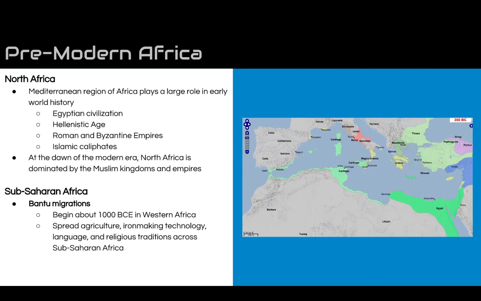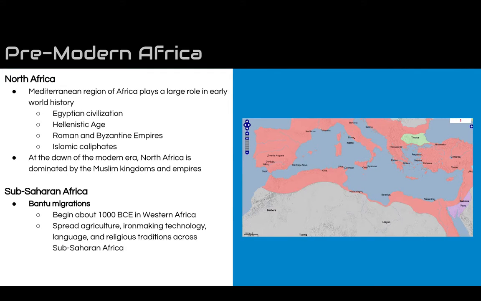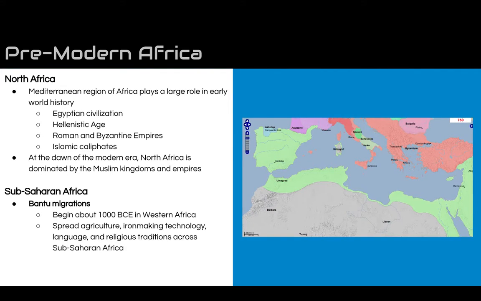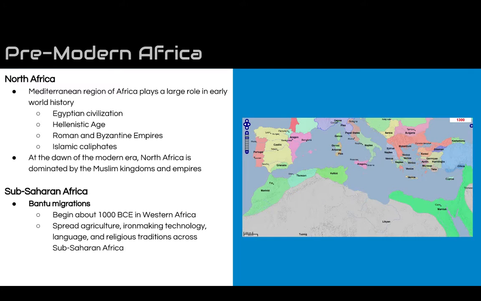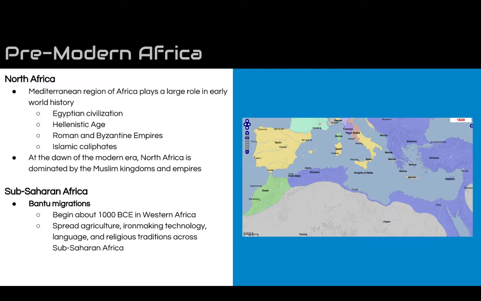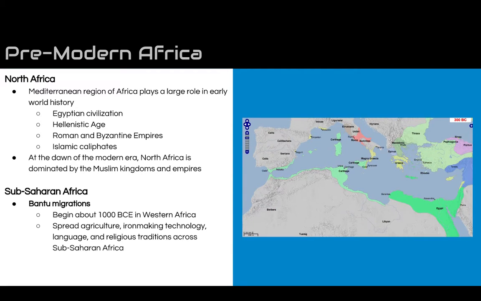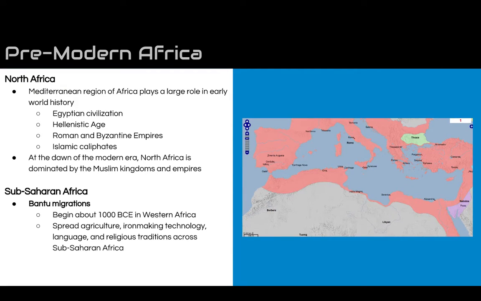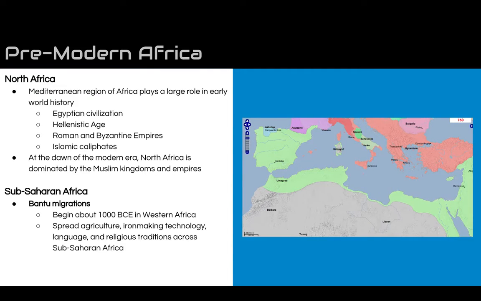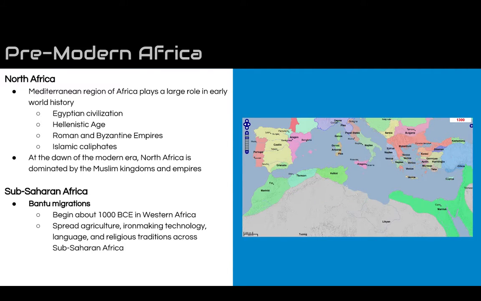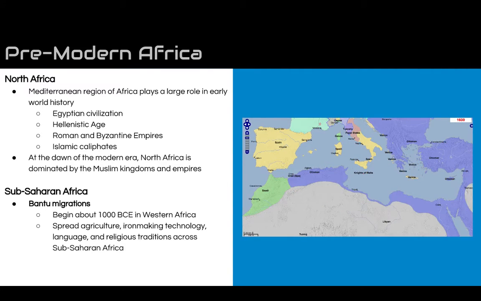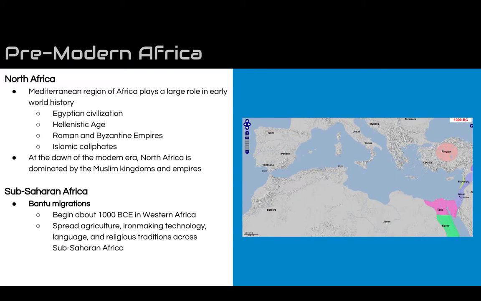Its importance continues through the Roman and Byzantine empires, and then of course during the rise of Islam and the spread of the Islamic caliphates. At the dawn of the modern era, North Africa is going to be dominated by Muslim kingdoms, although not those original Umayyad and Abbasid caliphates, and then later empires. The Ottoman Empire will have control basically by 1600.